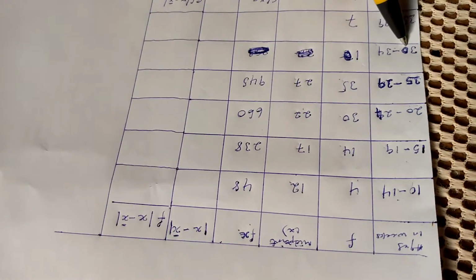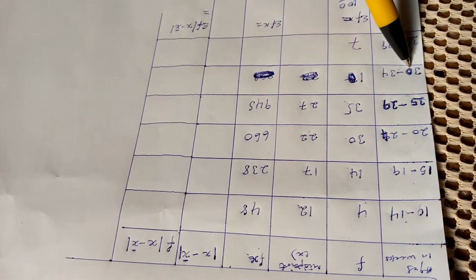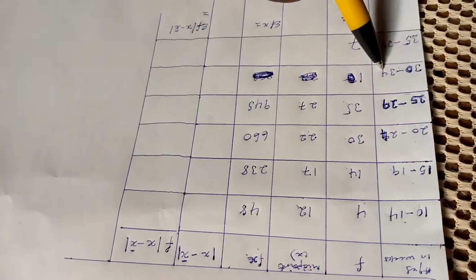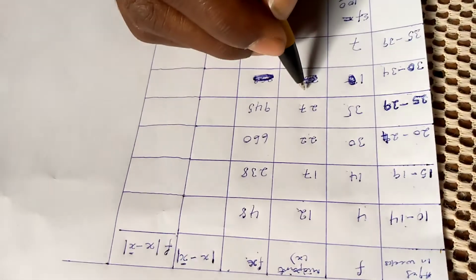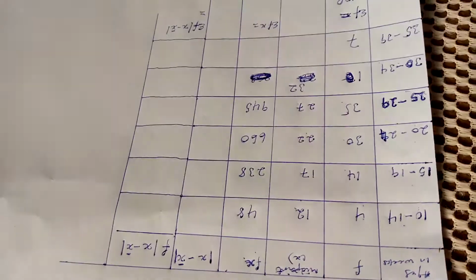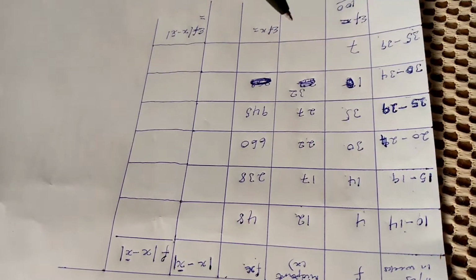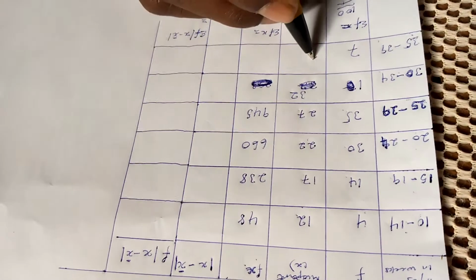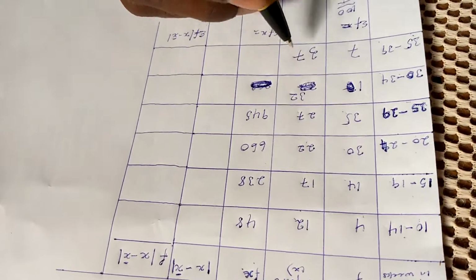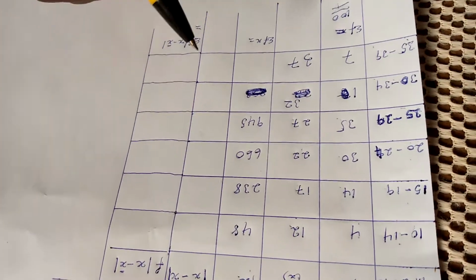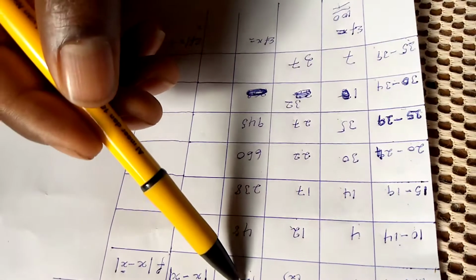And 30 plus 34 divided by 2, we have 32. And 35 to 39, you add them, divide by 2, you have 37.